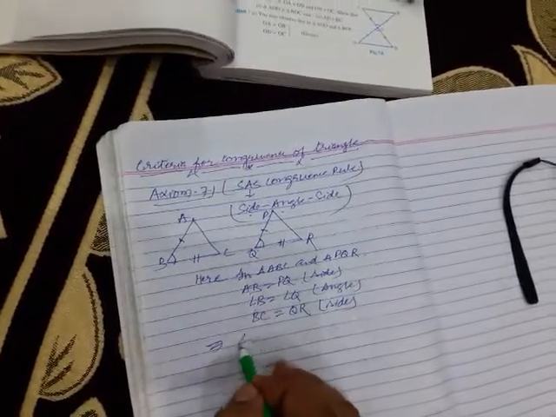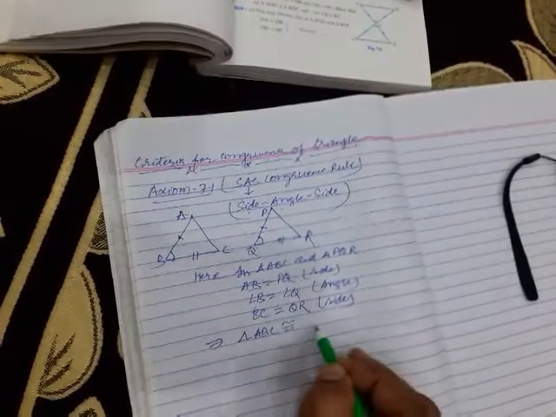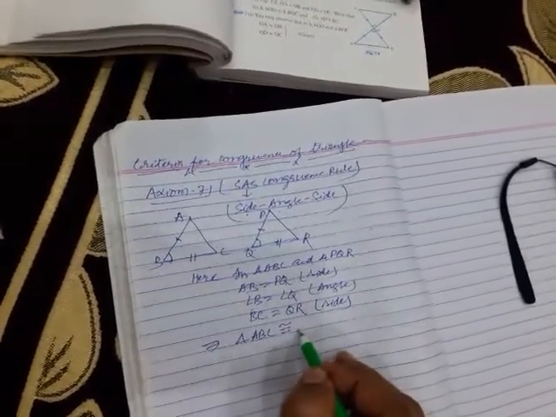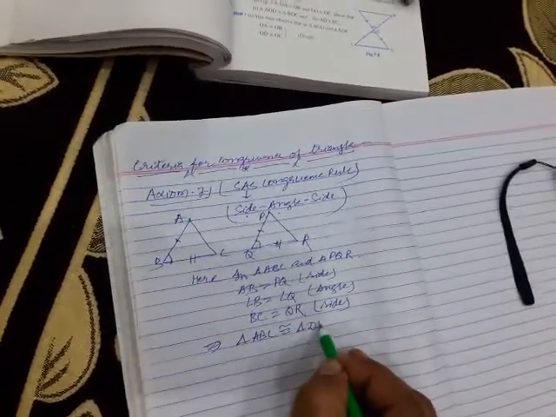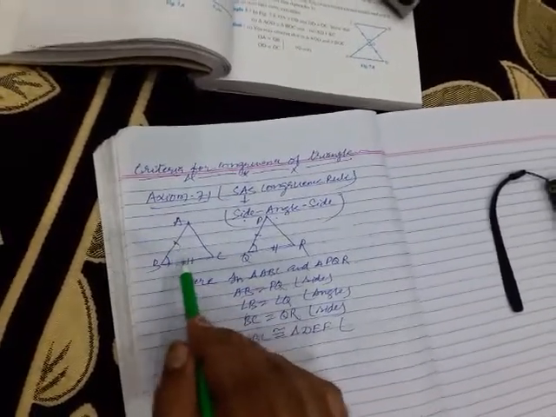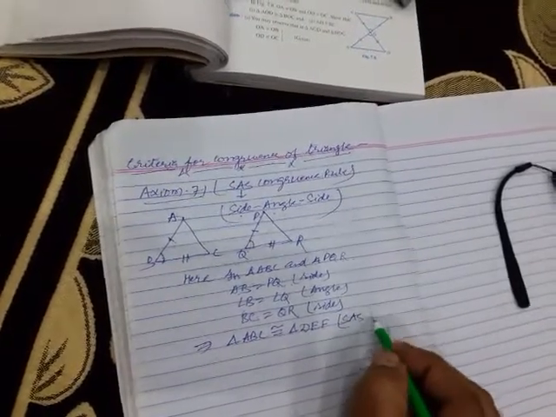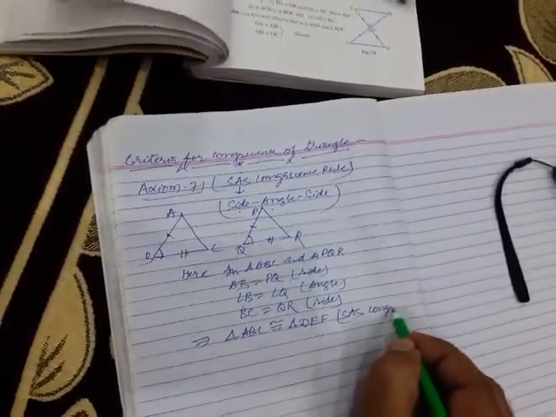Then we say that triangle ABC is congruent to triangle DEF by side, angle, side, that is SAS congruence rule.